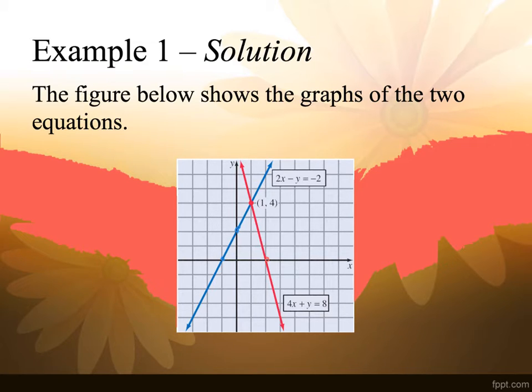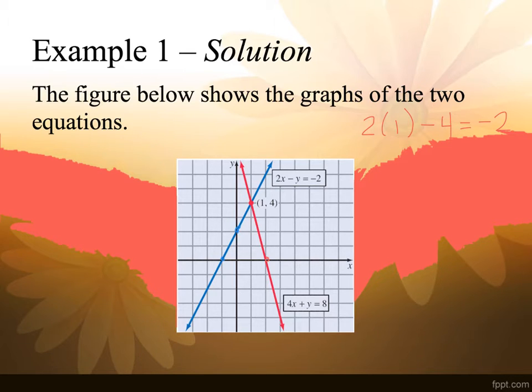In this case, we can see that the point at which these 2 lines meet one another is the point (1, 4). Now, just to verify, if we substitute 1 in for x in the first equation and 4 in for y, we get 2 minus 4 is -2, and that is a true sentence, so it works.